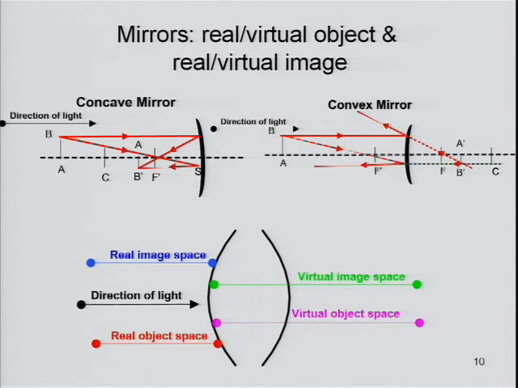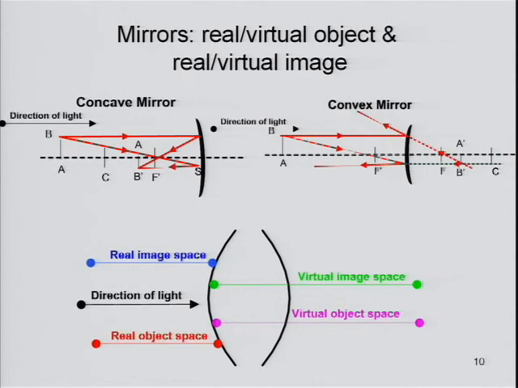In the case of a convex mirror, using again an object AB, my reflected beam of light will be scattered as shown here because I have a convex surface.